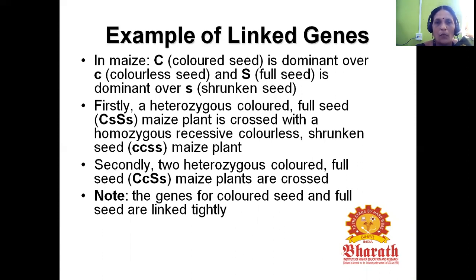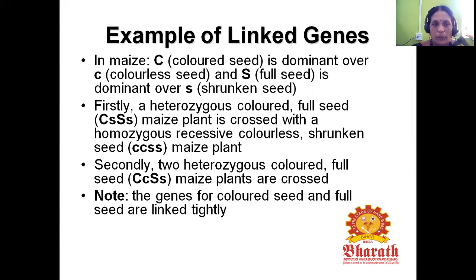An example of linked genes, in the case of the pea plant: capital C, the colored seed, is dominant over small c, the colorless seed, and capital S, the full seed, is dominant over the shrunken seed, small s.